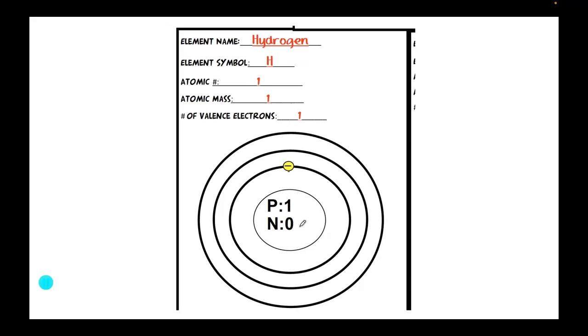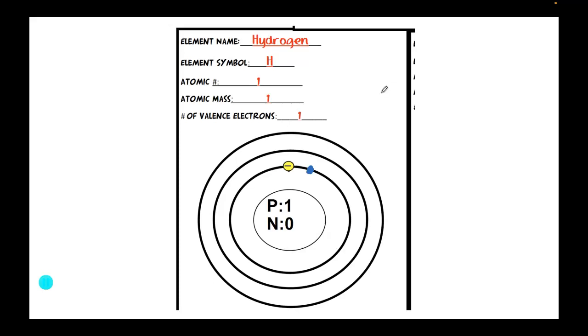If you remember, we learned that hydrogen is the only one that doesn't have any neutrons in its nucleus, and it has 1 electron. Now in here, they draw them as a circle with a negative symbol. You can just do a dot to represent your electrons. You don't have to do a negative in the middle of it. If you want to, you certainly can, but it can just be dots.